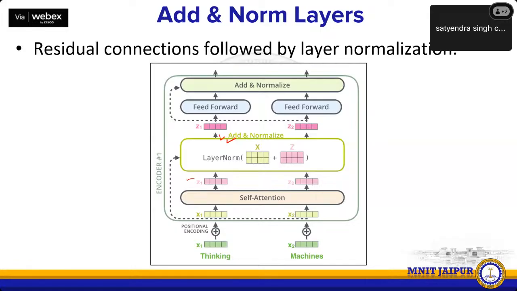After each sublayer, for example multi-head attention or FFN, the input to the sublayer is added to the output. This is basically the residual connection. Then layer normalization is applied, which normalizes the activation across the features for each position. This also helps with the vanishing gradient problem and ensures the gradients flow smoothly through the network.